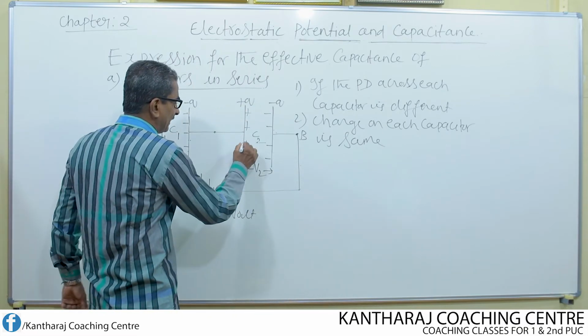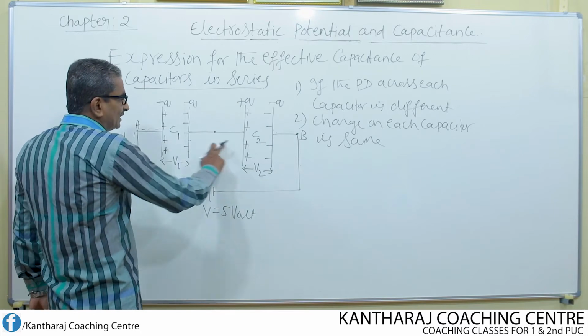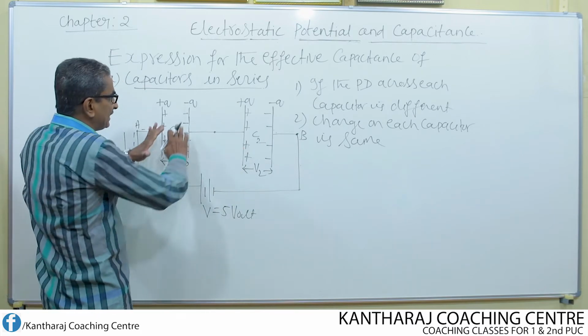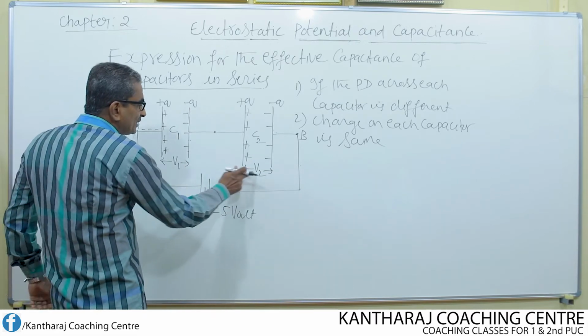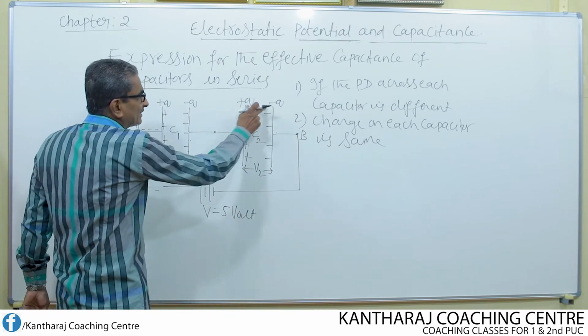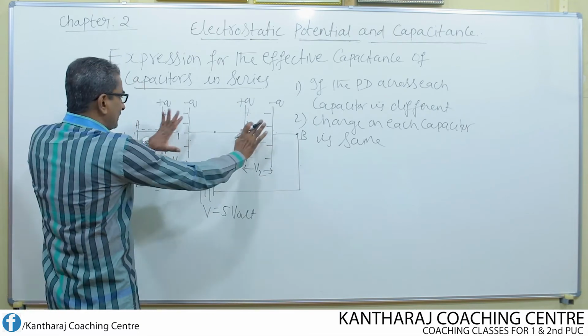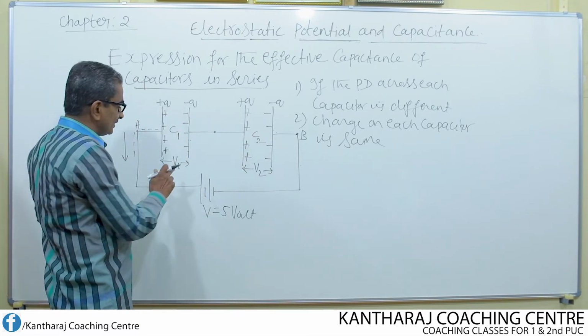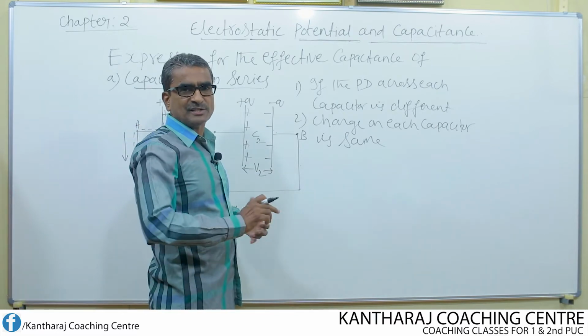Now coming to the mathematical part. What is the physical quantity that is changing in this series combination circuit? It's the potential difference, because charges are the same. Capacitances are also different, but this remains standard. So the physical quantity that's changing is voltage, means potential difference.